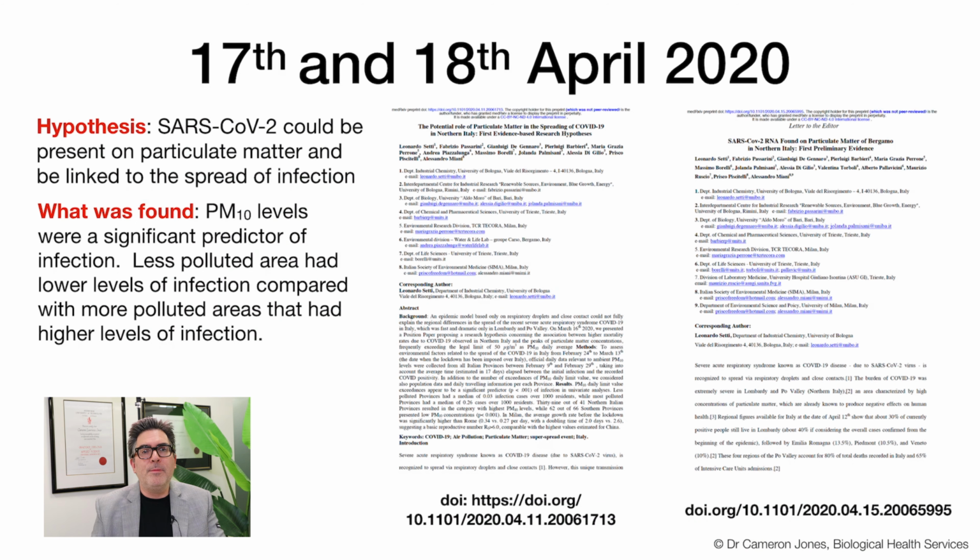Now, I want to move on to the last publications from September 18 and 17. These are by the same principal author, and I've put the URLs up here because these are really fascinating papers. They go into another aspect of air pollution. We've talked about the fact that PM2.5 and 10 elicits an immune reaction.